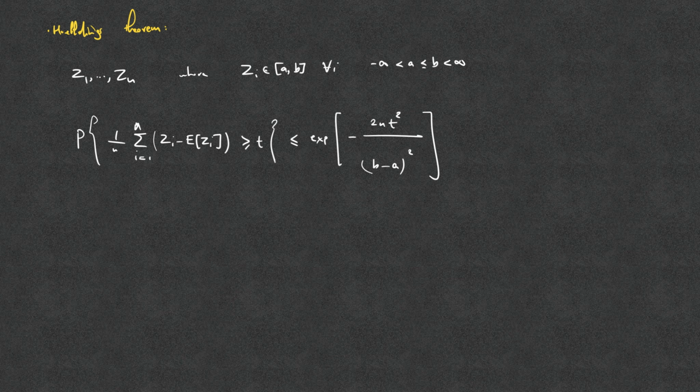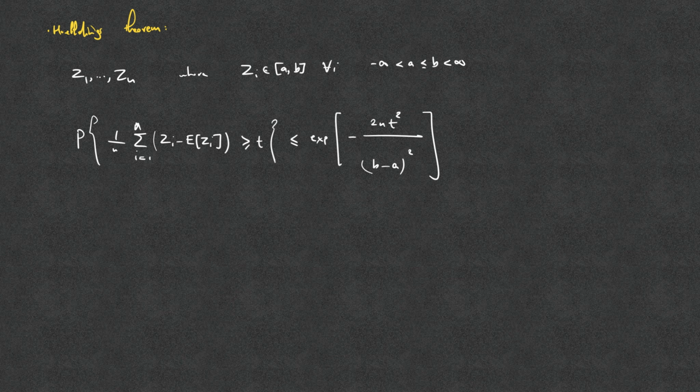Now let's talk about Hoeffding's theorem, which states that if you have n independently sampled bounded random variables, meaning that if you combine all their bounds, you're going to have an a and b, where a is a finite number greater than minus infinity and b is a finite bound less than infinity. All of these Z_i's are going to fall between that bound.